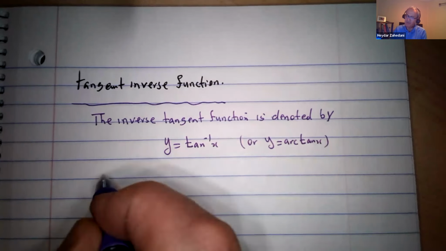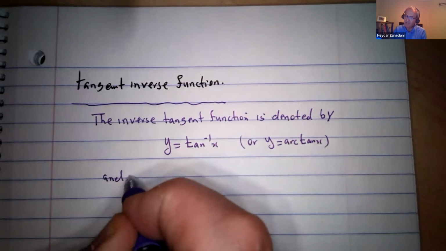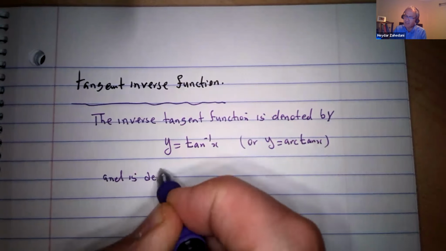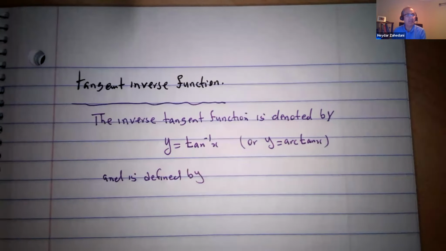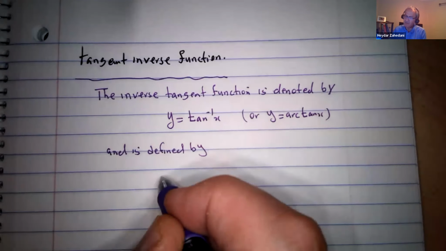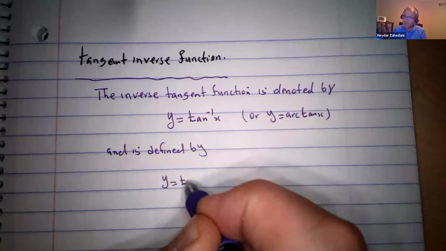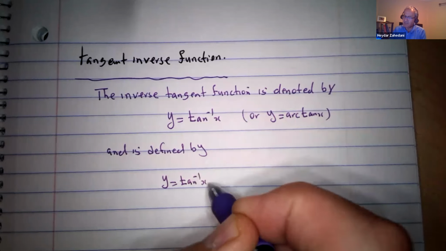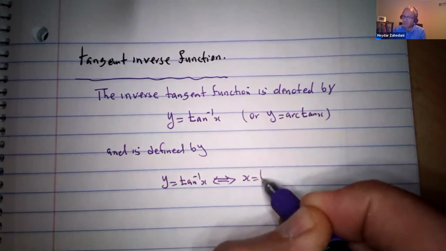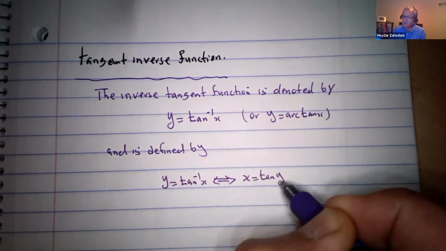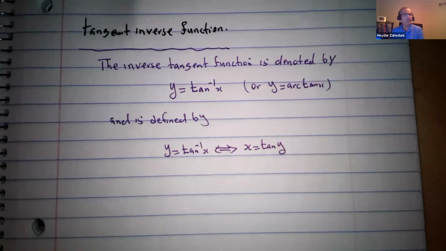It is defined the same way as the sine inverse: y equal to tan inverse of x if and only if x equal to tan of y. You just switch it.